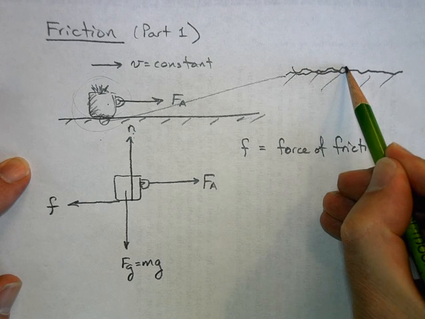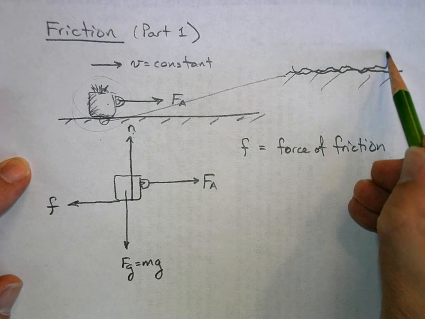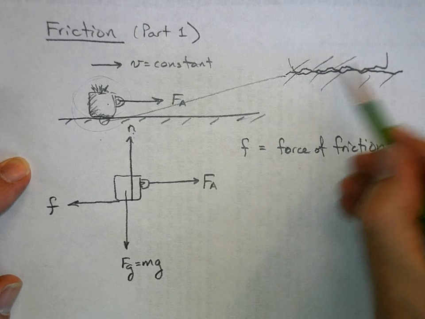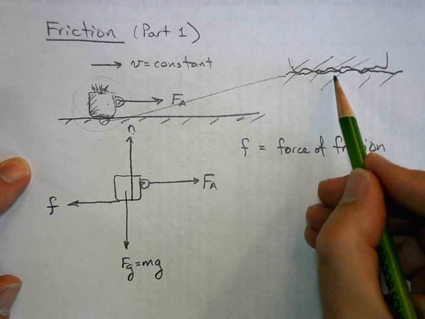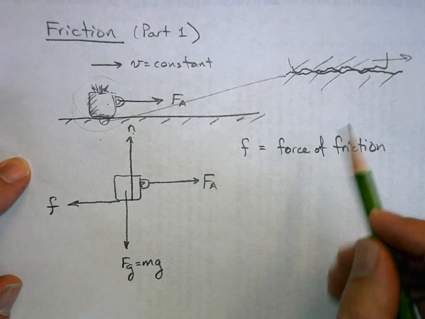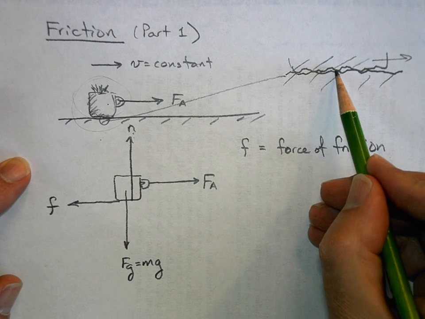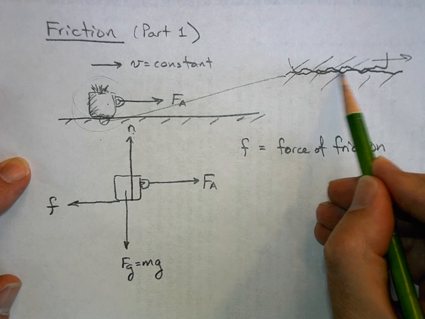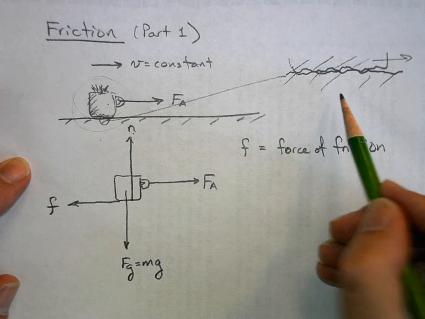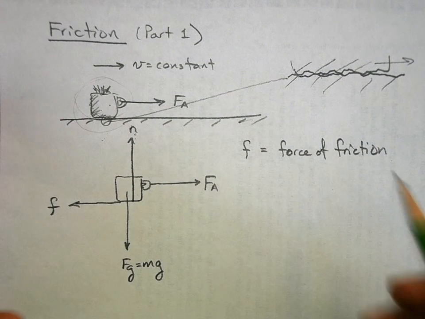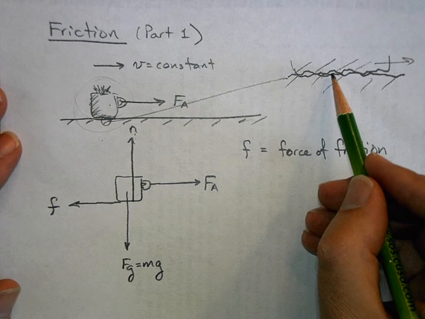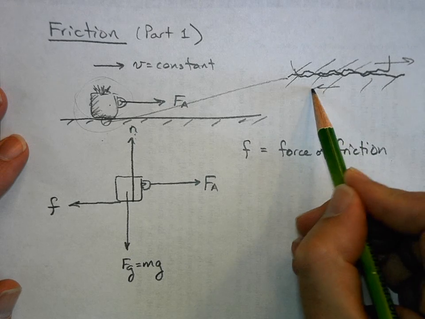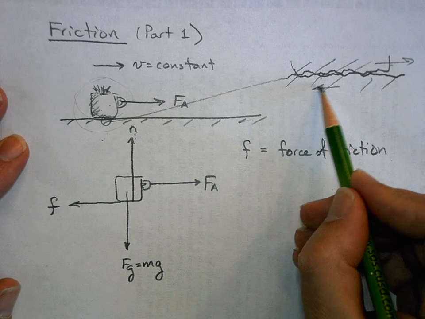There's little gaps in there, and so here's the coffee mug. And so when you try to pull this thing this way, you'll get little interactions between these surfaces that will allow you to get a force that is applied, equal and opposite, to both.